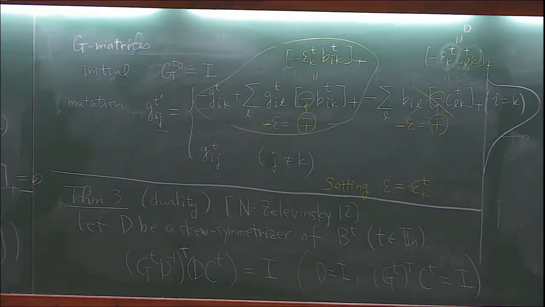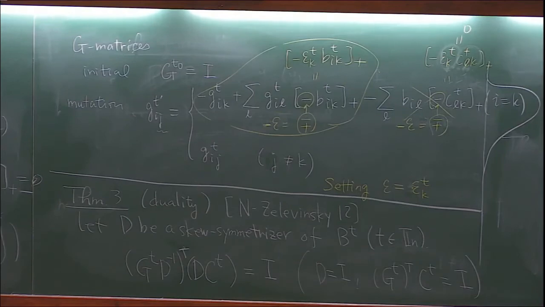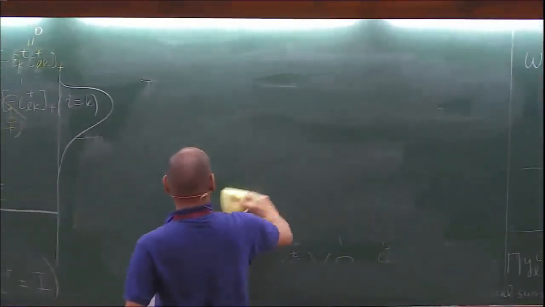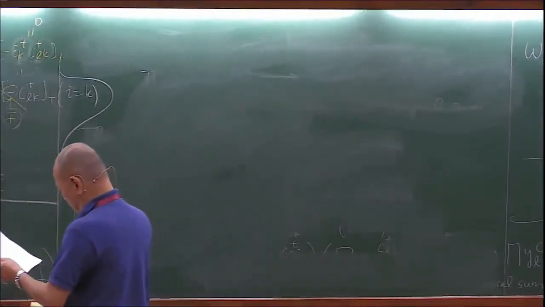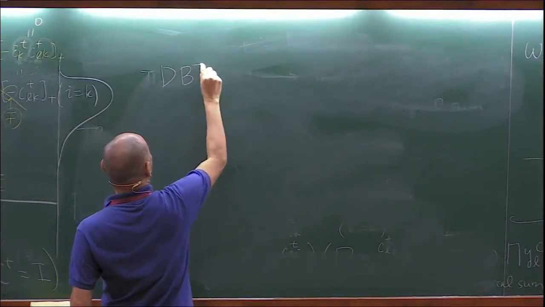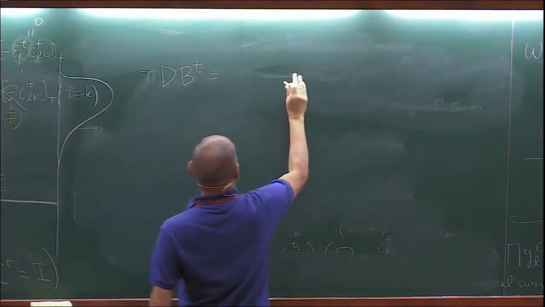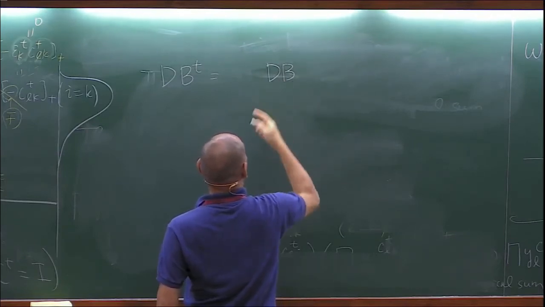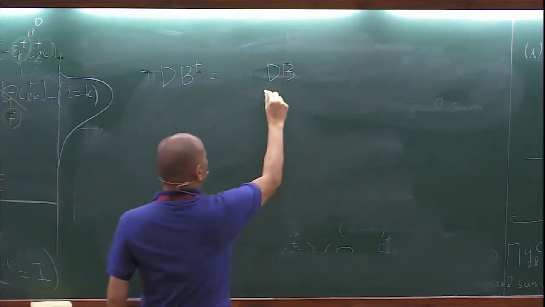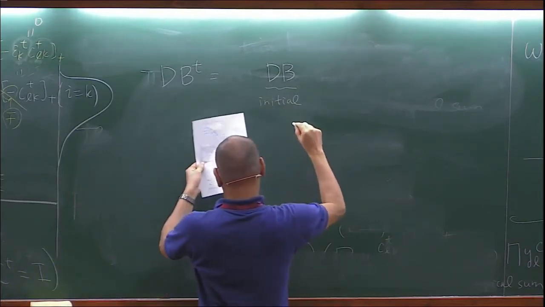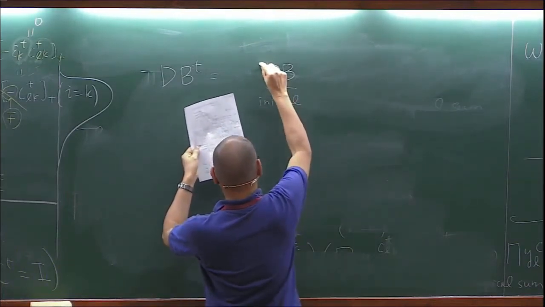One more remark which is useful is the following statement. The exchange matrix itself is also determined: when you multiply by this D matrix, you can obtain this from the initial DB matrix, this is the initial one, by the following multiplication.